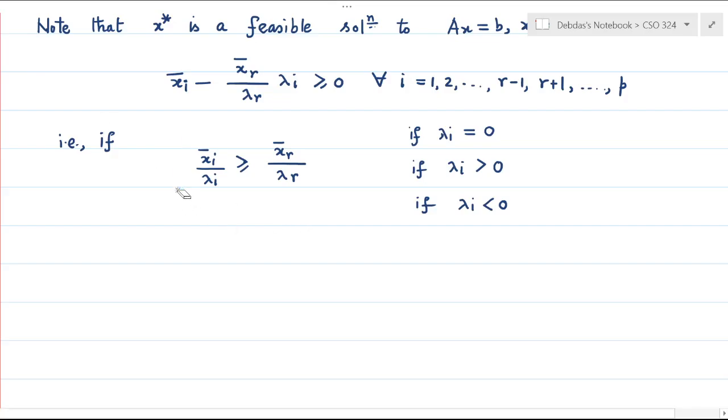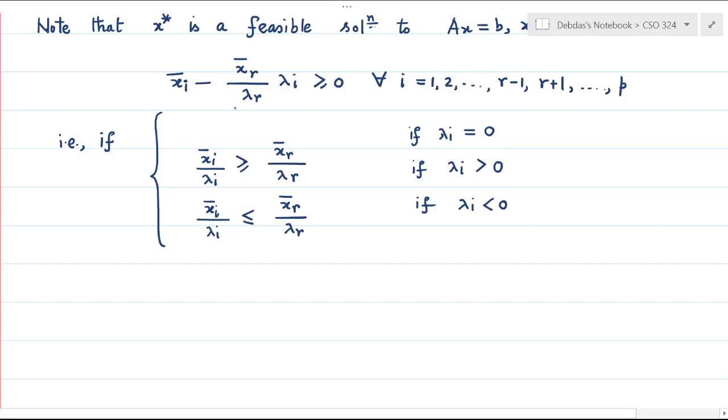And if lambda_i is less than 0, then we notice the following. If I divide by lambda_i, this inequality will get reversed, and accordingly you will require x_i bar by lambda_i less than or equal to x_r bar divided by lambda_r. So what restriction do you require such that all these components are greater than or equal to 0?